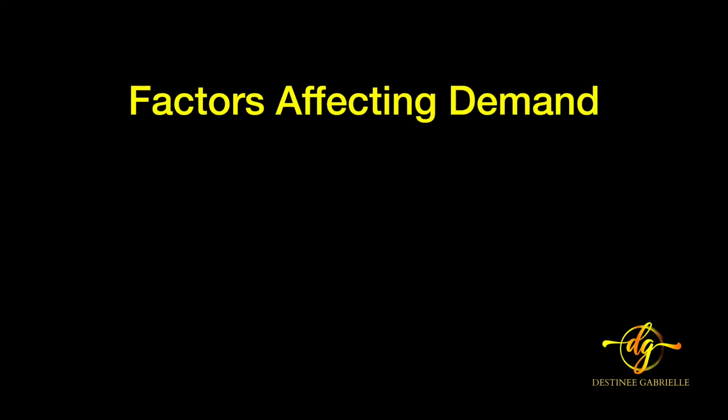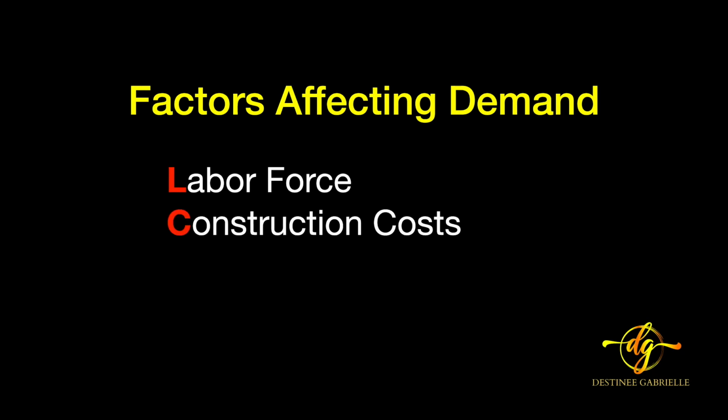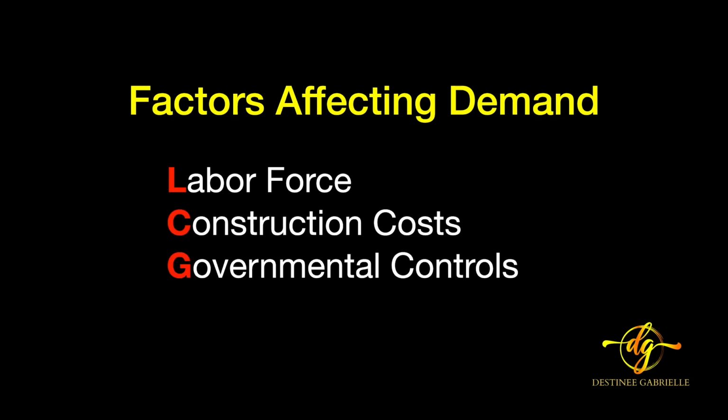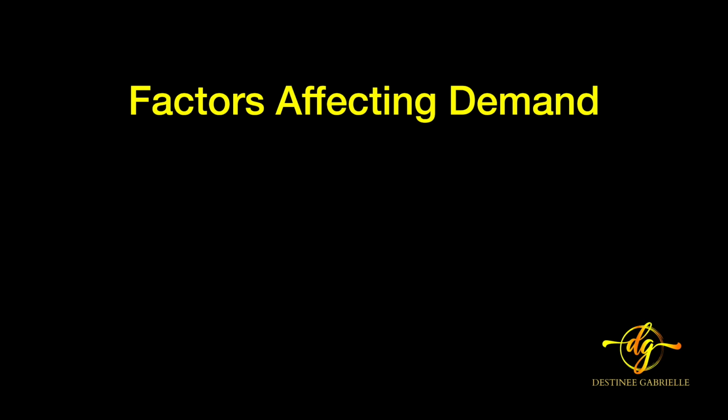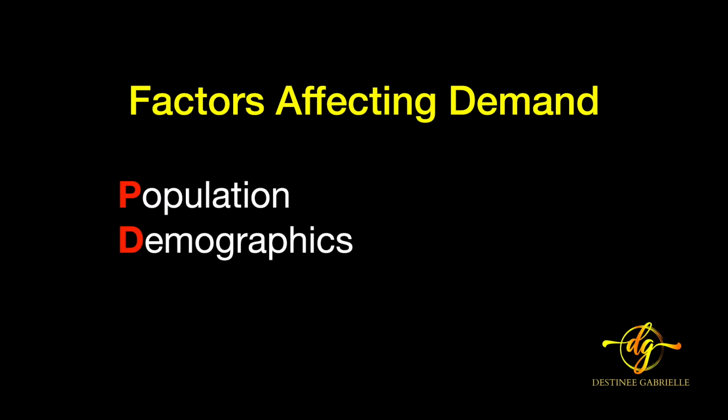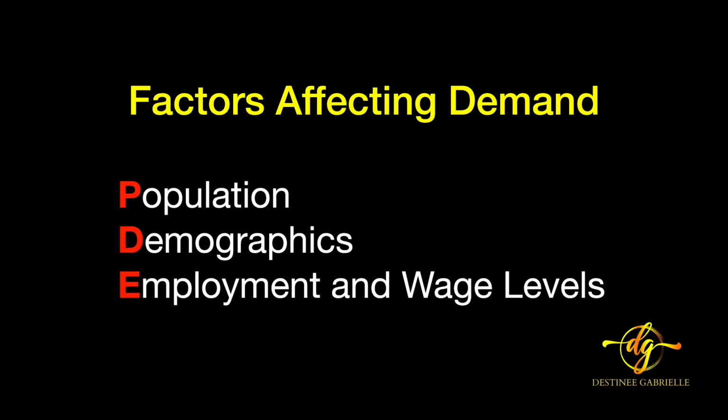The next topic is factors that affect demand, which is L for labor force, C for construction costs, G for governmental controls, and F for financial policies. The next one is factors affecting supply, which is P for population, D for demographics, E for employment and wage levels.